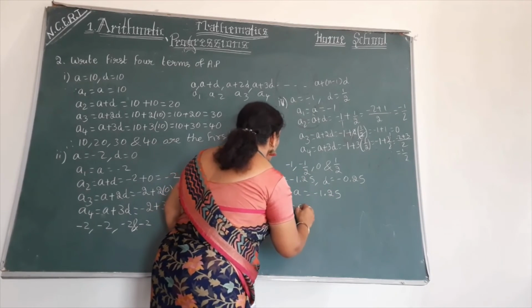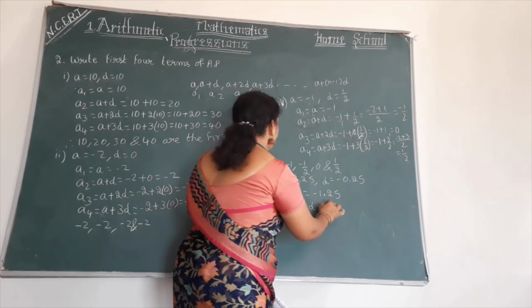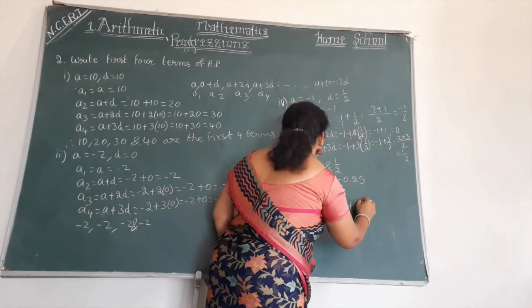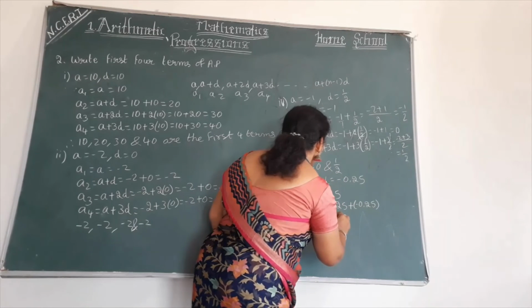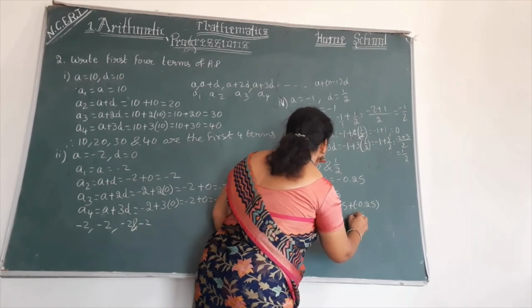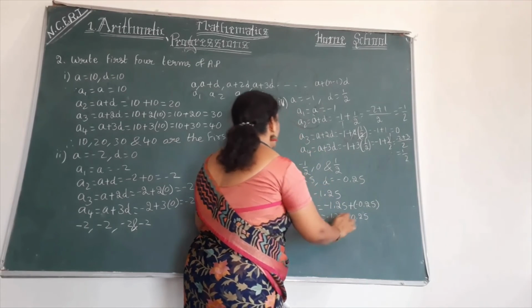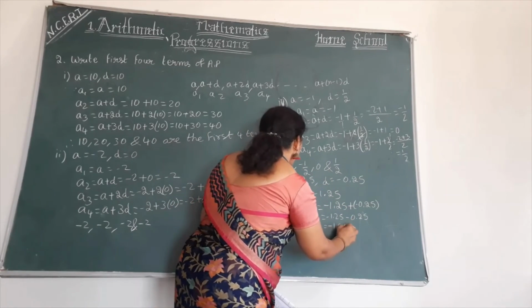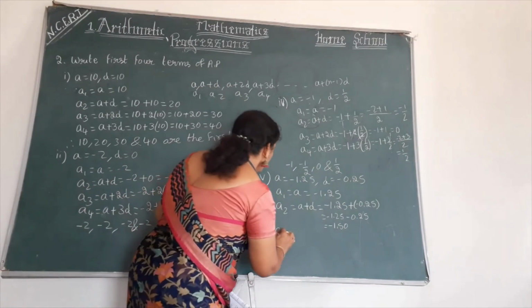A2 is equal to A plus D. That will be -1.25 plus of -0.25. Look here, -1.25 minus 0.25. If you add two negatives, what you are going to get here? Minus 1.50. Okay, add this carefully.